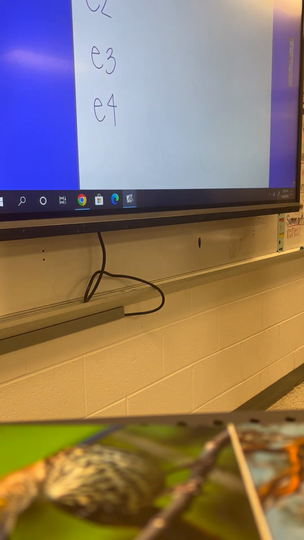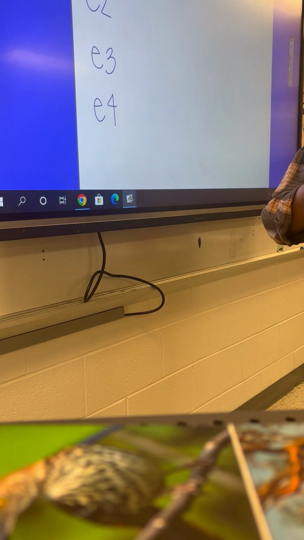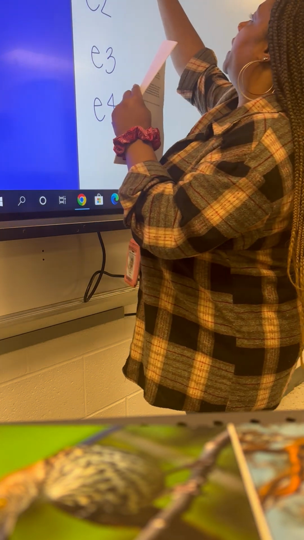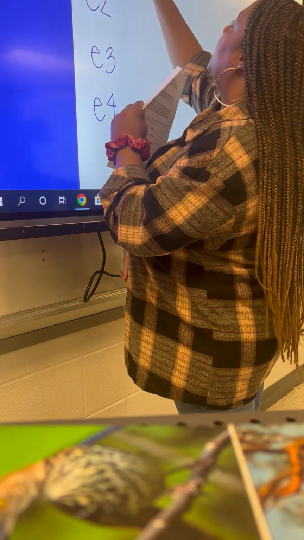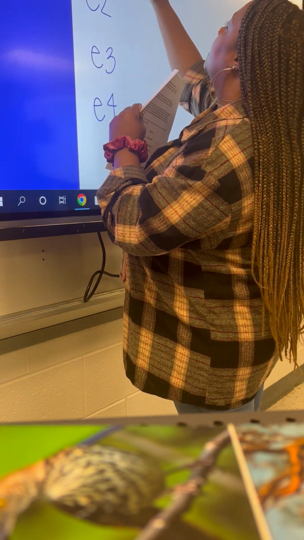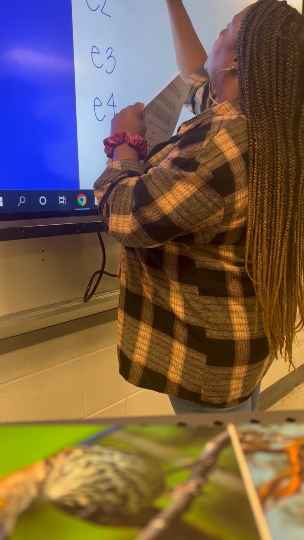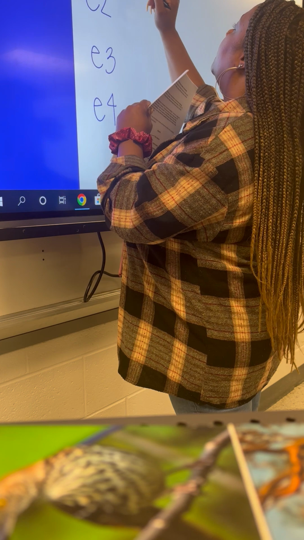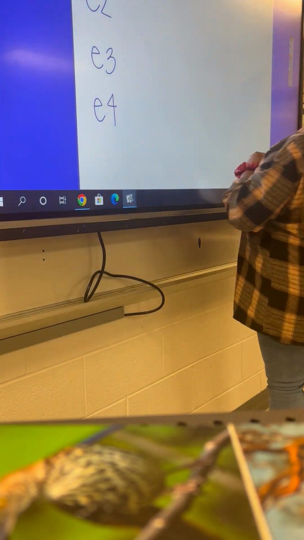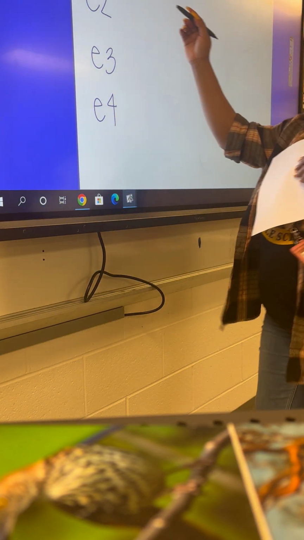After we choose our entrees, how many different side options do we have? 5. So each entree can come with 5 different sides. So we have side 1, side 2, side 3, side 4, side 5. I should have done that in a different color, so let me switch.